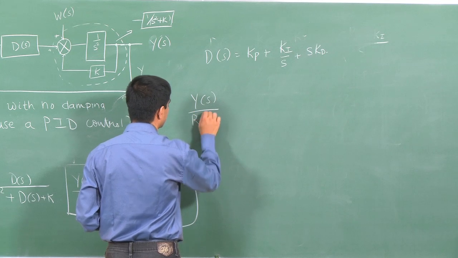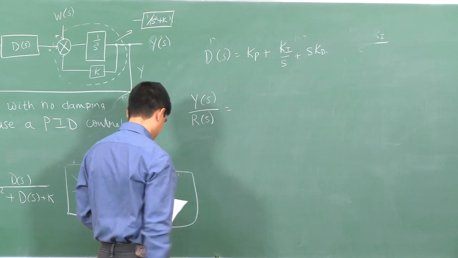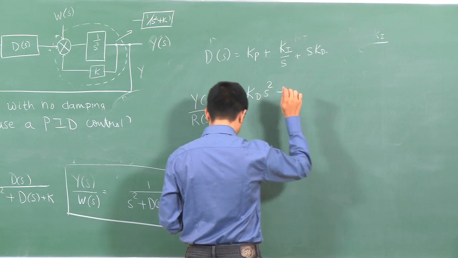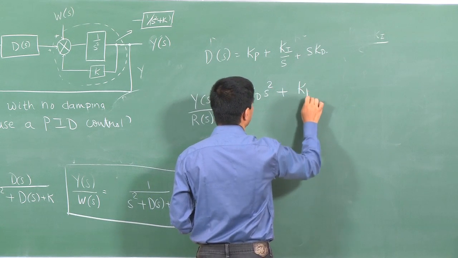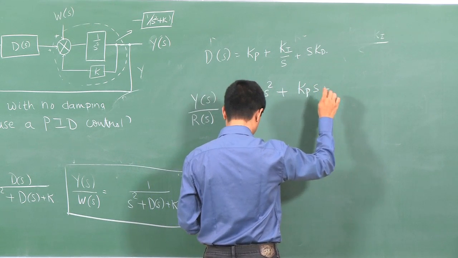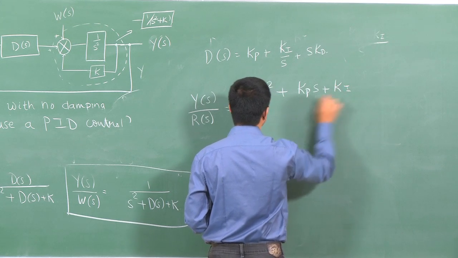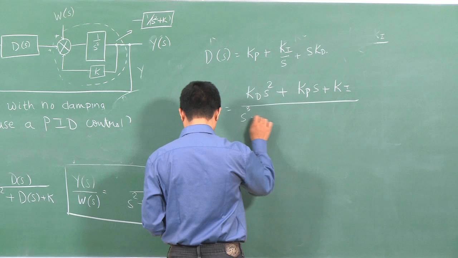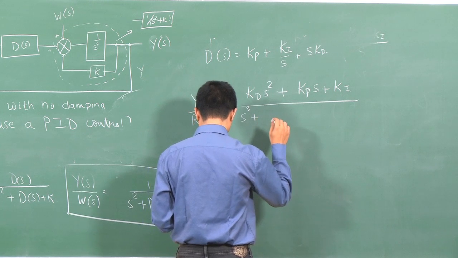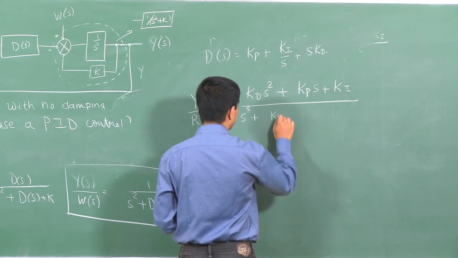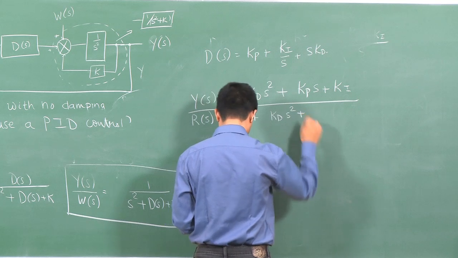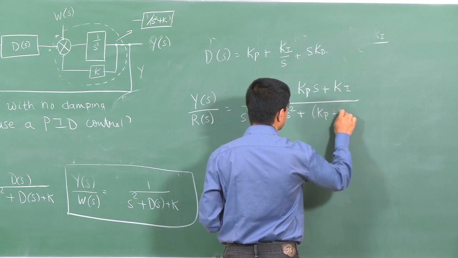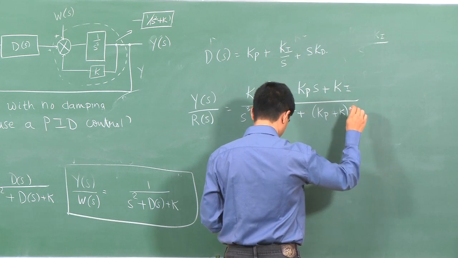Ys over Rs becomes, I will just skip the computations, I will just write down the end result, Kd S square Kps plus Ki over S cube plus Kd S square plus Kp plus Ks plus Ki.